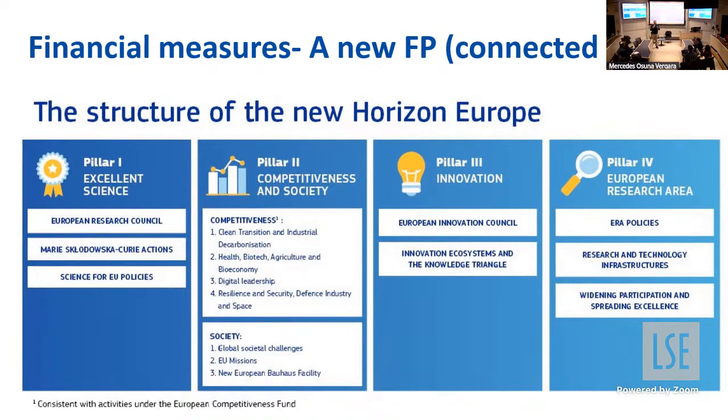We hope that that integration will help in getting better results, not only in terms of research, but also in terms of the actual uptake in the industry and in the economy. So this is a major transformation in the research program.